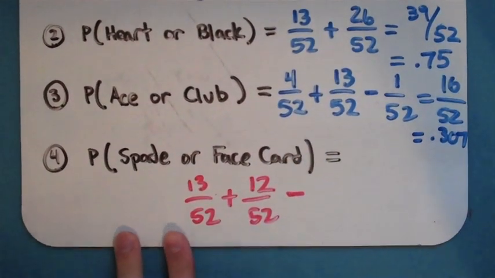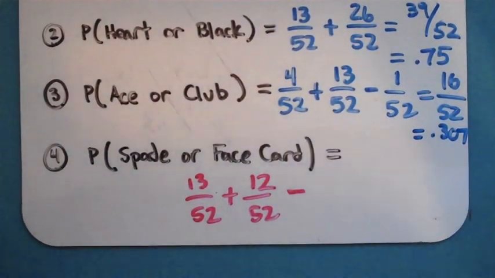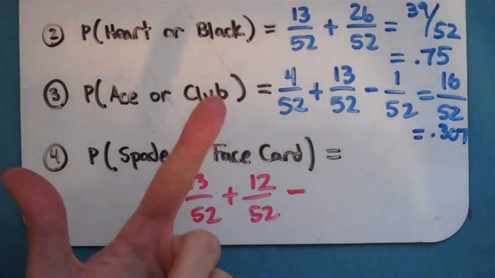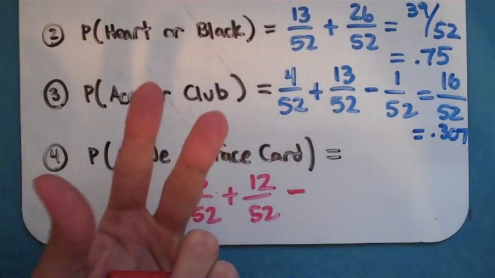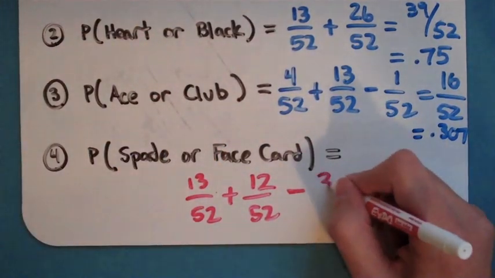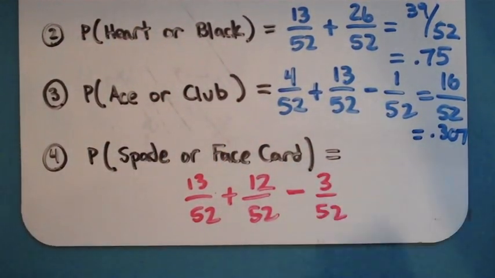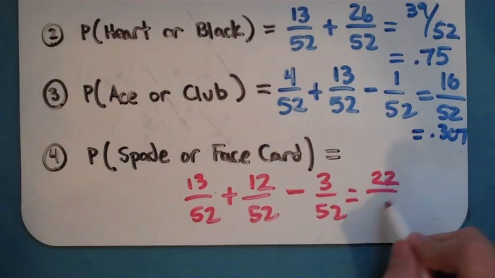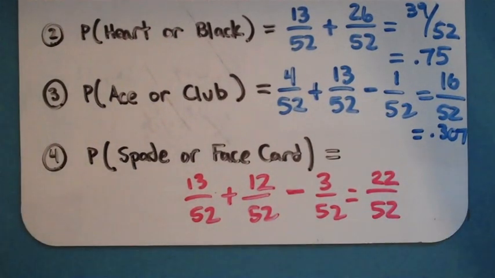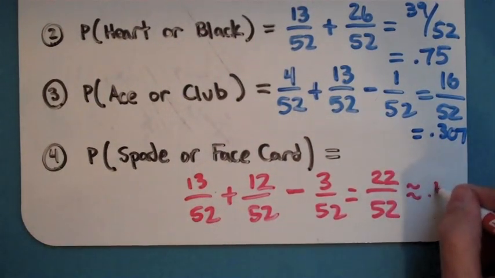And we have to ask ourselves, how many cards are we counting twice? Well, there is the jack of spades, the queen of spades, and the king of spades. So there are 3 face cards that are also spades. We have to take all 3 of those out because we counted them twice. And when you do this, you will get 22 out of 52, which, if you write that as a decimal, is going to be about 0.423.